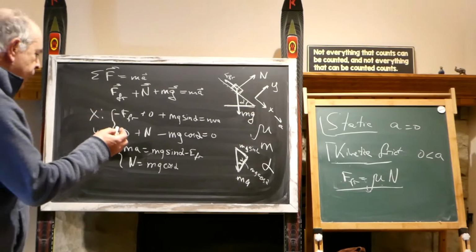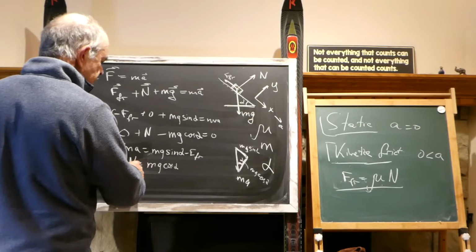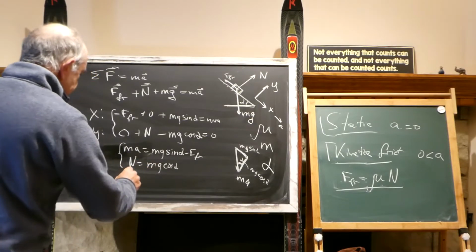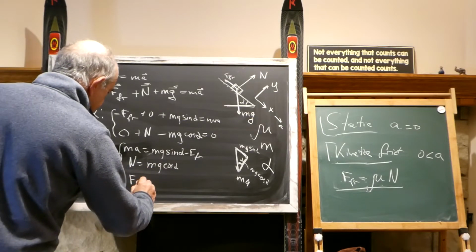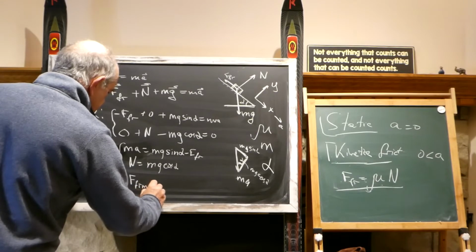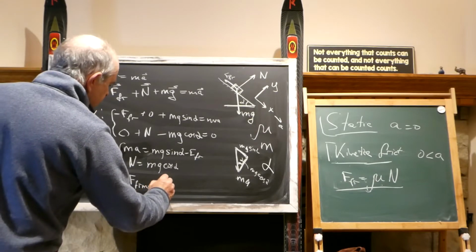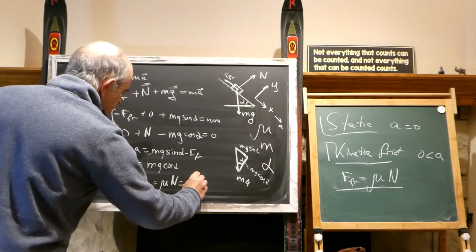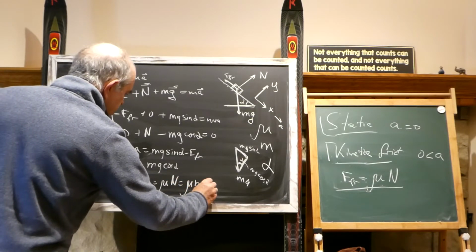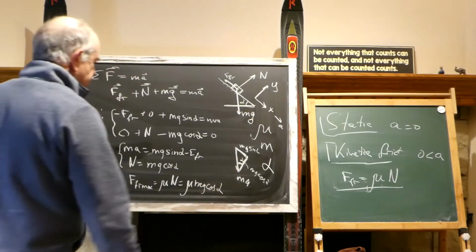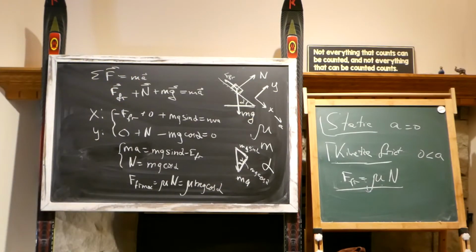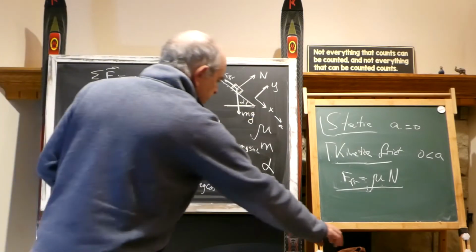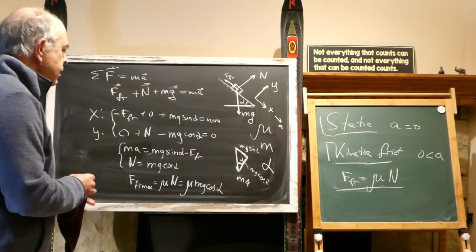Then we find N, and then we say that F friction max equals mu N equals mu mg cosine alpha. Right? And from here we have two choices.